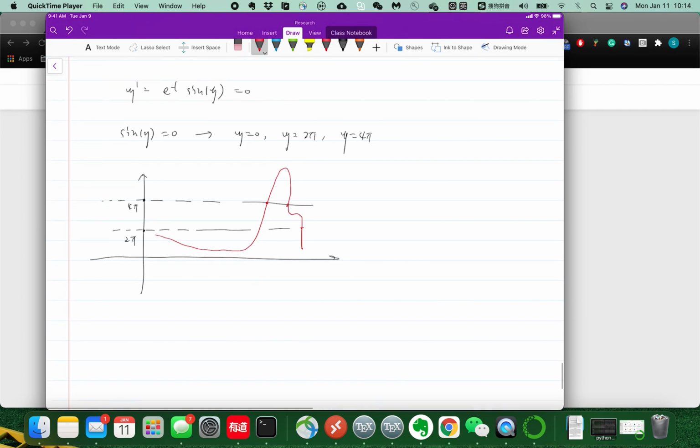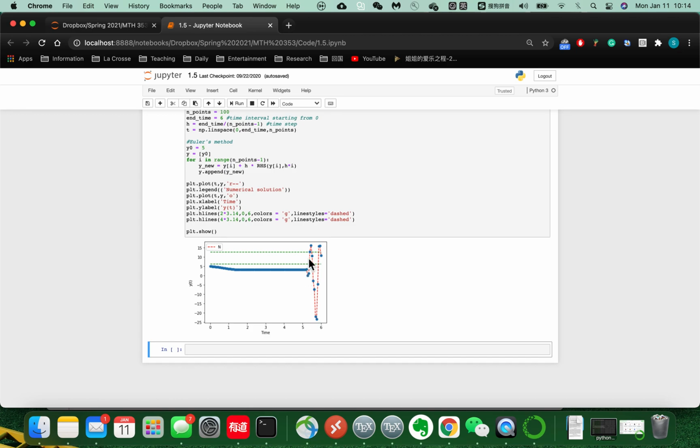Why? Because you intersect your solutions, and you are not supposed to intersect because you have a very nice derivative. Therefore, you should have uniqueness. Now see what I draw here. The green lines are 2 pi and 4 pi. They intersect. Therefore, your numerical method is wrong.